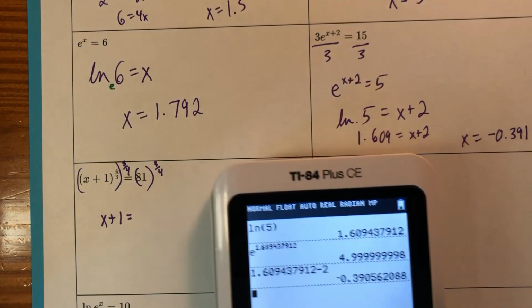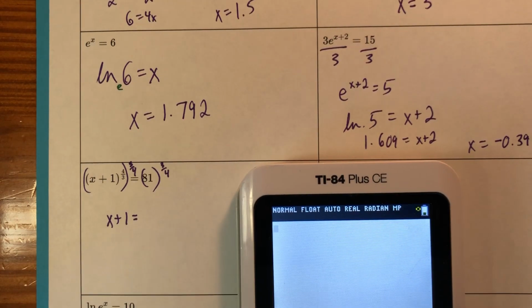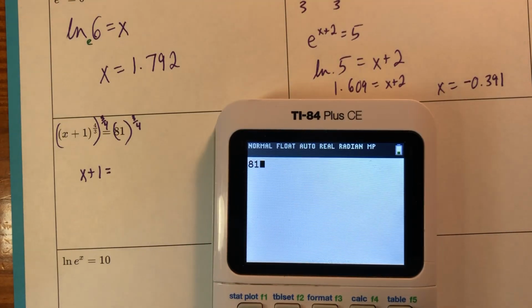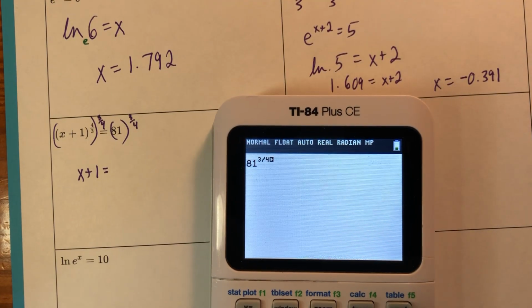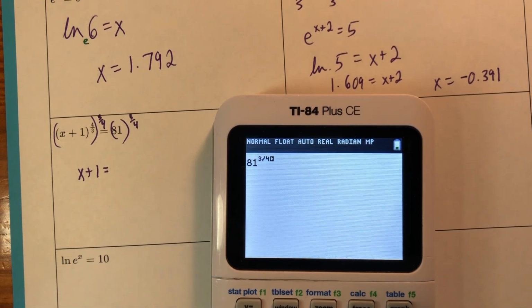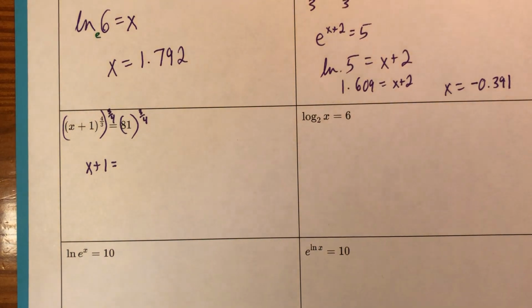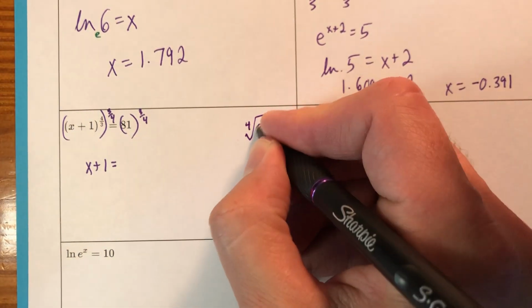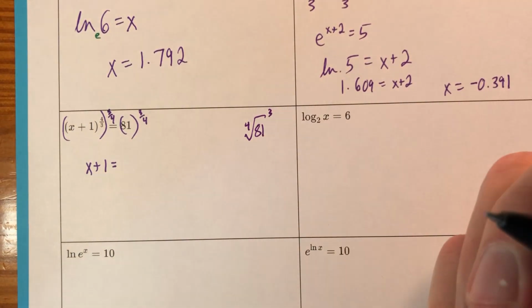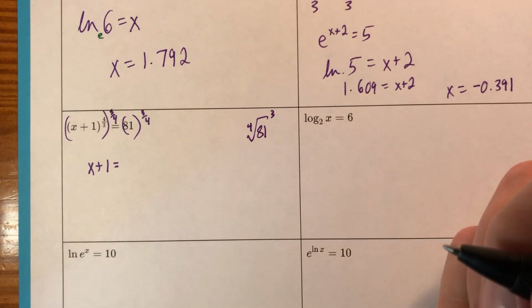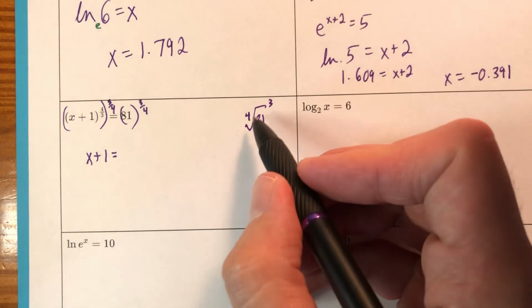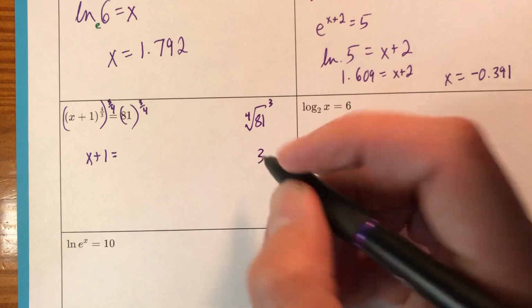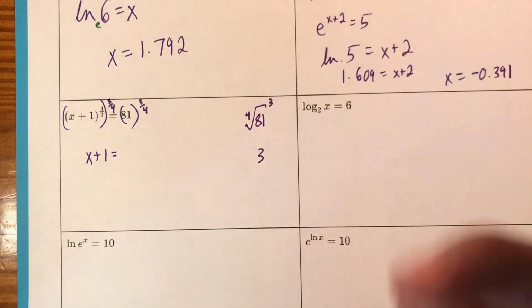Well, 81 to the 3/4, I don't want to blurt it out. But I'm going to do it the way we did it on the other side of these notes. Before I press enter, and you're like, oh, here goes. This is really the 4th root of 81, and then I'm going to cube all that. Now, I could cube the 81, then take the 4th root, but the numbers get too big. The 4th root of 81 is 3, because 3 times 3 times 3 times 3 gives me 81.